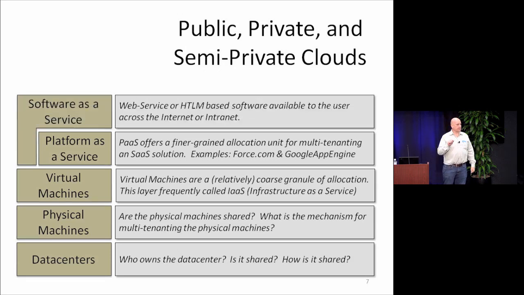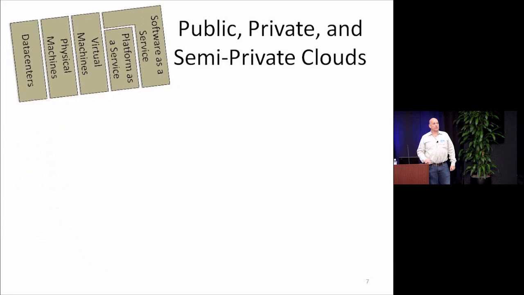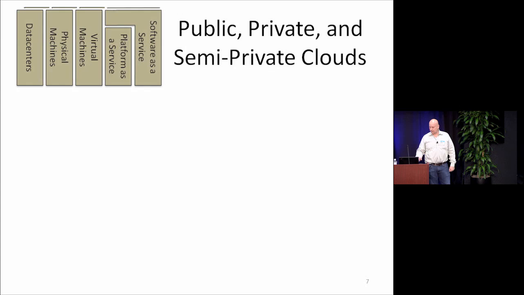And then software as a service, and I've deliberately shown that as sometimes going to the platform as a service and sometimes going directly down to the virtual machine. And there I'm doing web services, or it's a type of HTML-based software available to the user across the internet or intranet. So now let's look at where we're seeing these things.